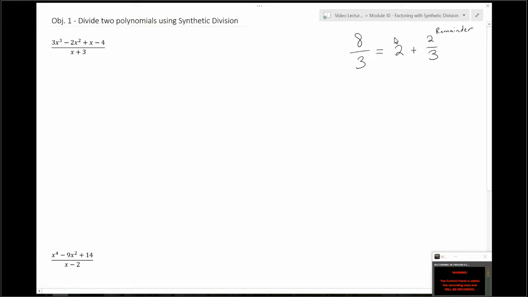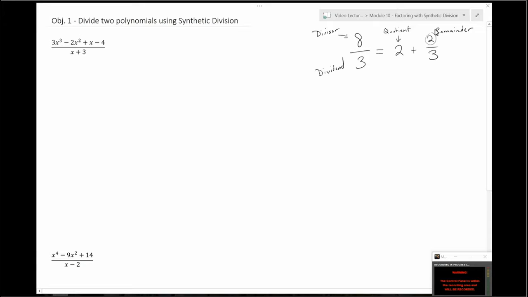I would have what we call the quotient, and then I would have the divisor and dividend. Now you may not remember all of these words, but you probably remember this big one over here, that remainder.